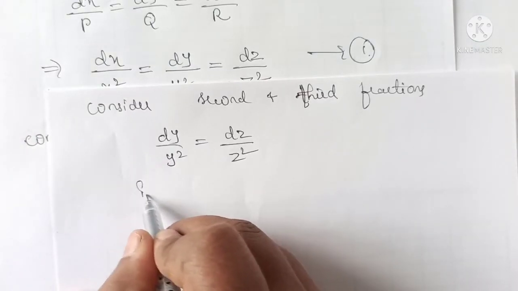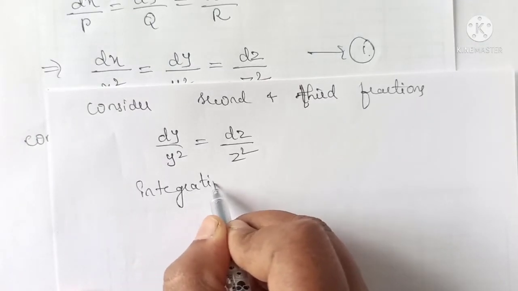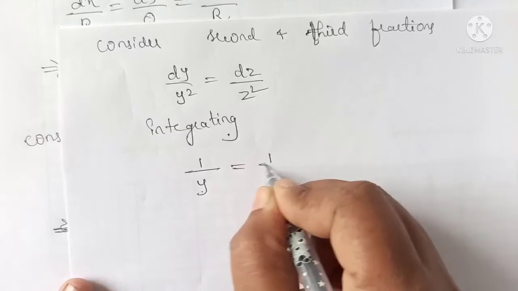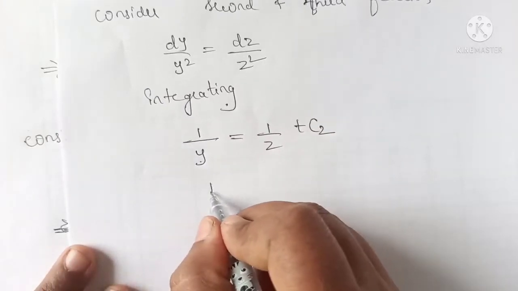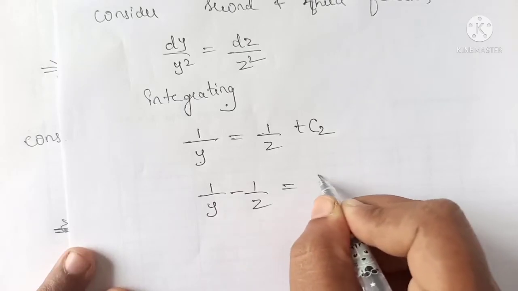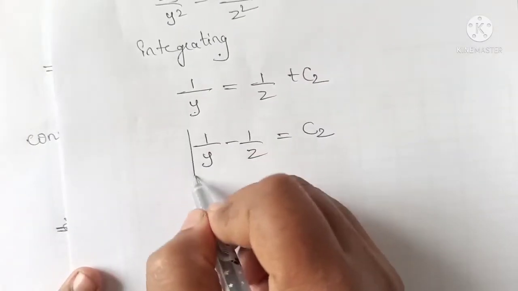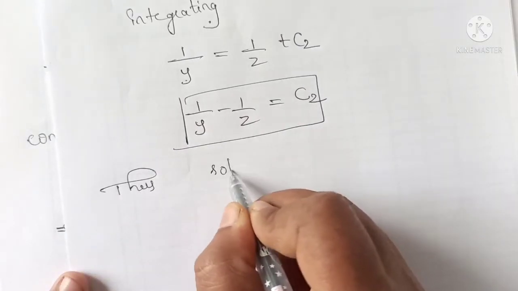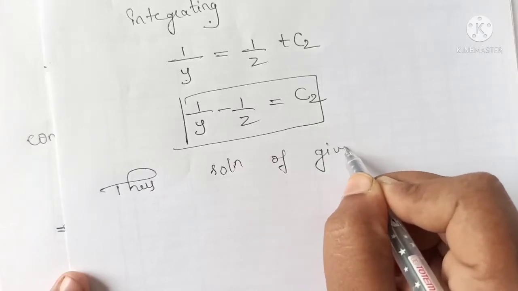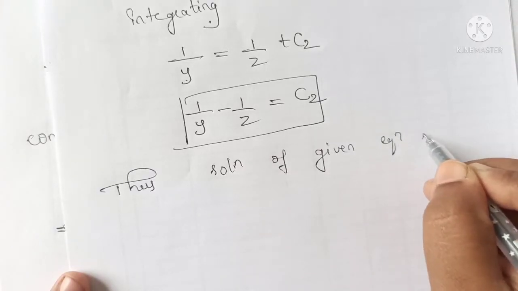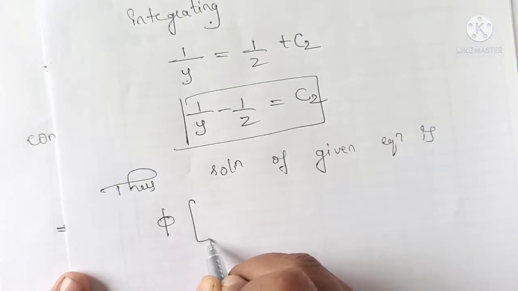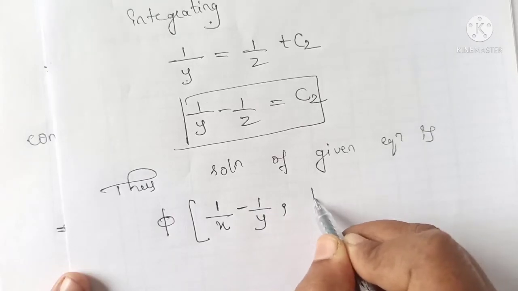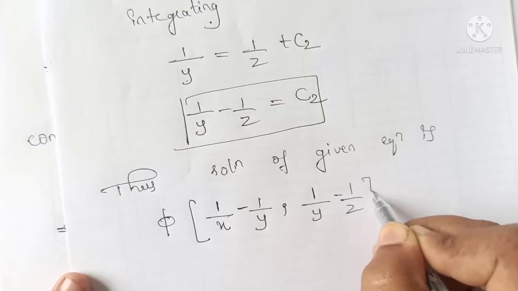Again integrating, we get 1 by y equals 1 by z plus c2, or 1 by y minus 1 by z equals c2. This is another independent solution. Thus the solution of the given equation is phi of 1 by x minus 1 by y, 1 by y minus 1 by z equals 0.